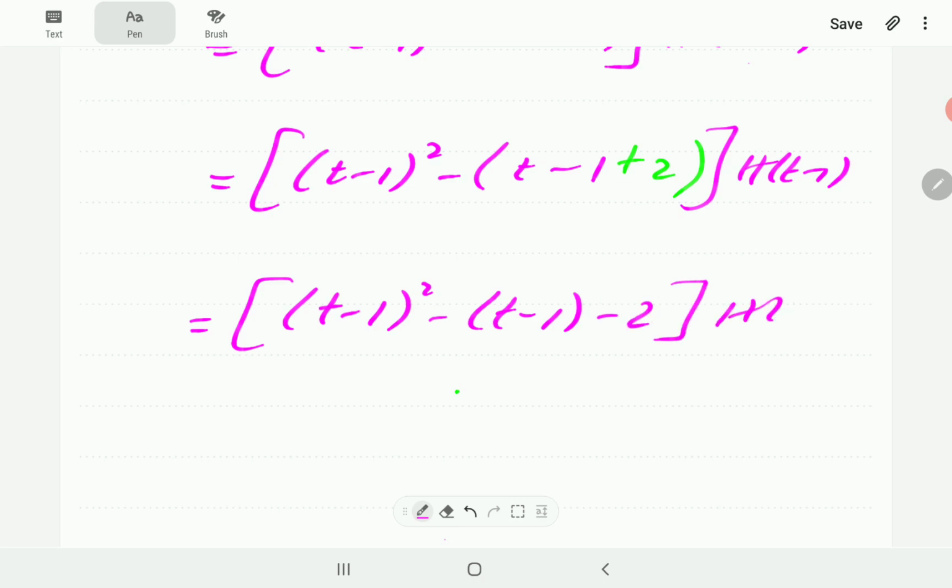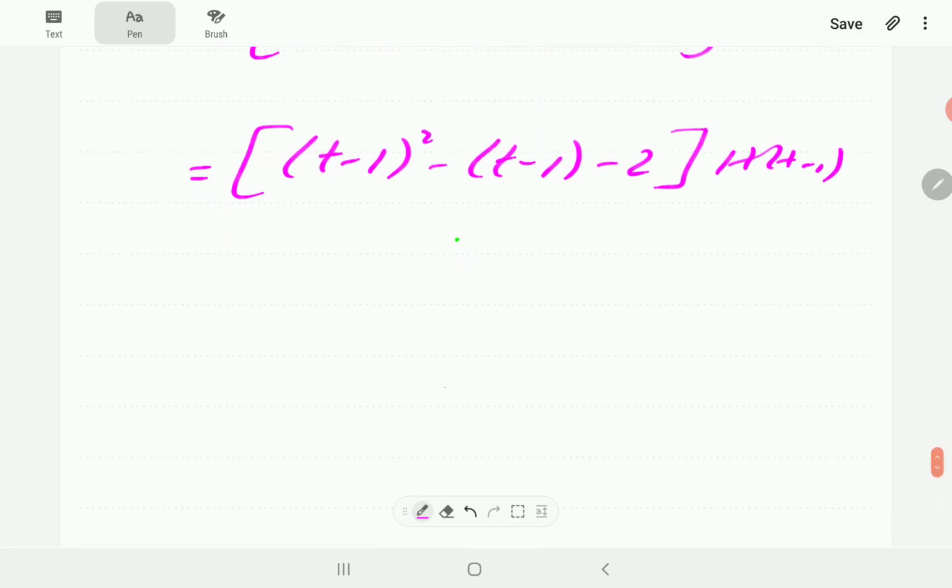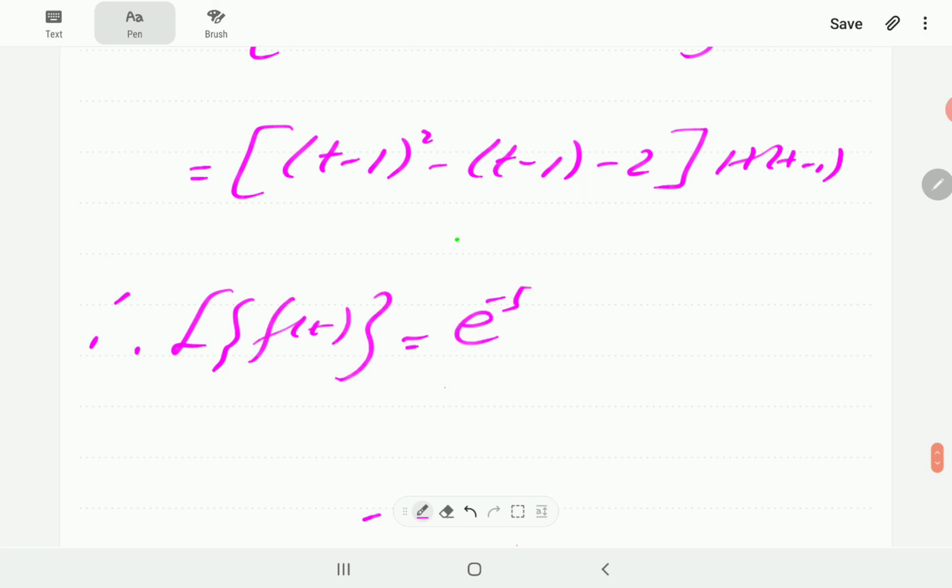And then at that point we can take the Laplace transform. So therefore the Laplace transform of this is going to be e to the minus s into this is just going to be the Laplace transform of t squared, which is 2 over s cubed. This is just the Laplace transform of t, and of course that is just the Laplace transform of 2.